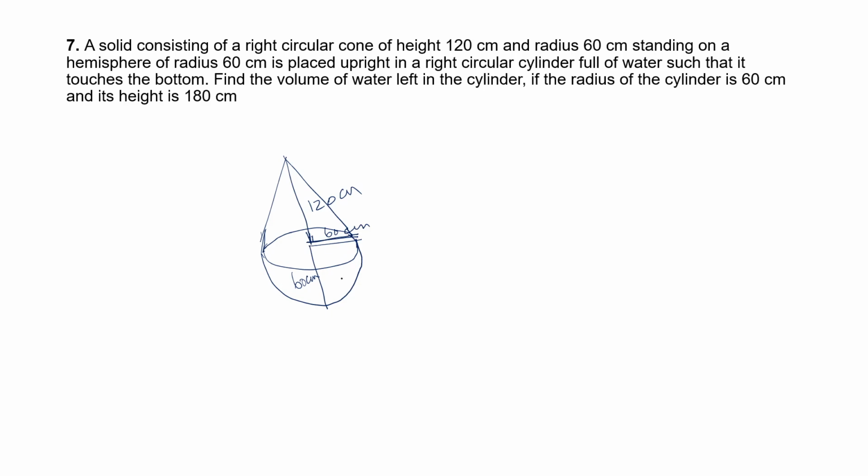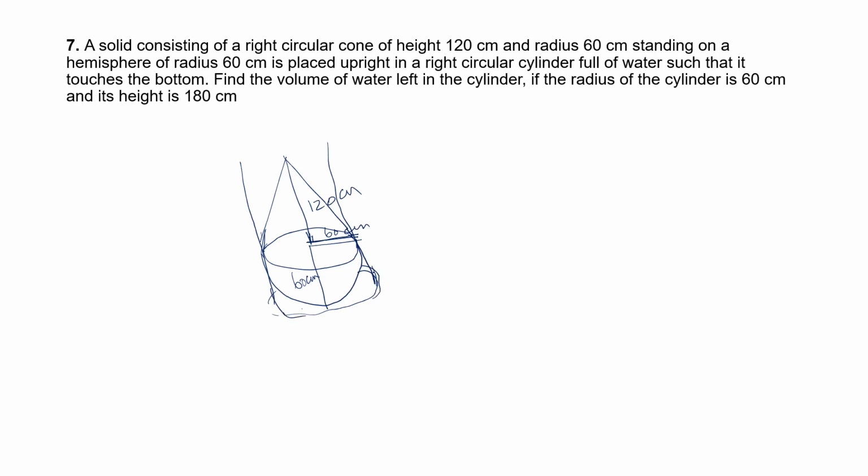Is placed upright in a right circular cylinder. This whole structure is placed upright in a right circular cylinder, like this diagram. If you draw with a scale, it will be proper.